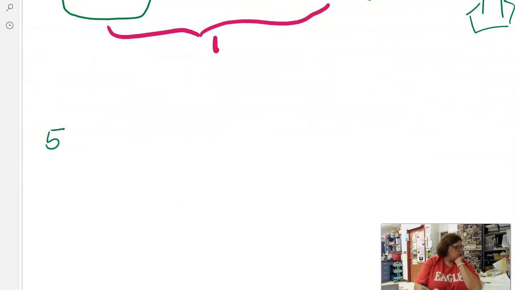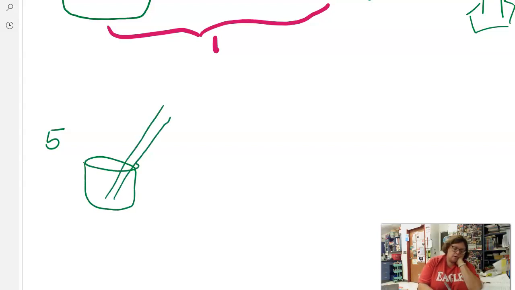Third lab station, you're going to take a straw and blow bubbles into the beaker with colored water. So we've got a beaker, and you're going to have a straw in there, and here's your mouth. You're going to blow into that.